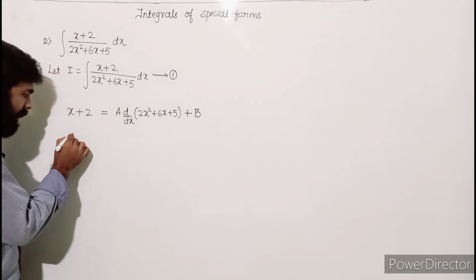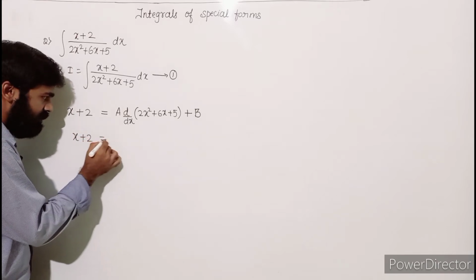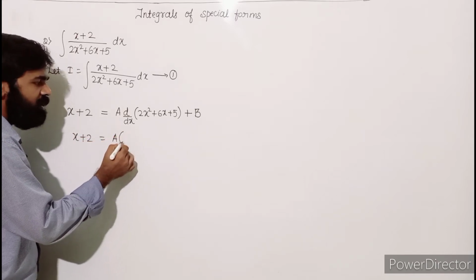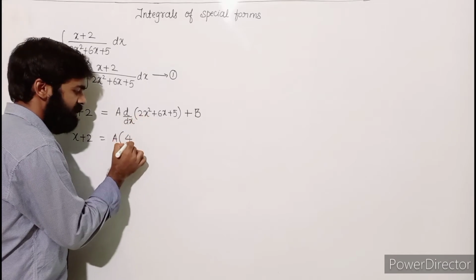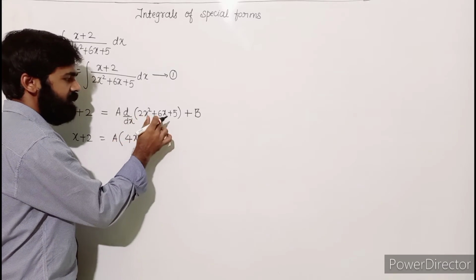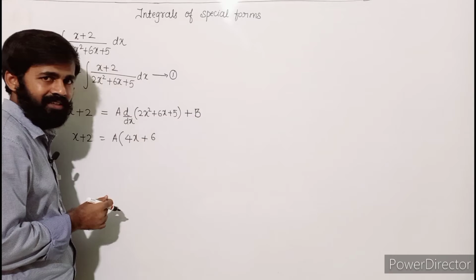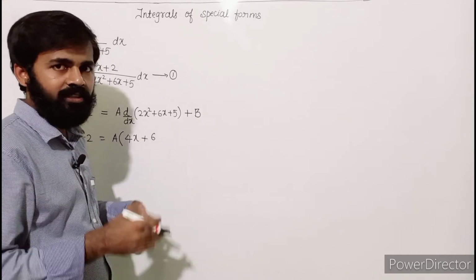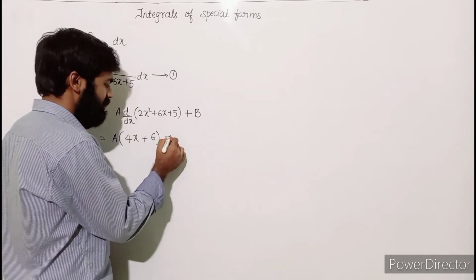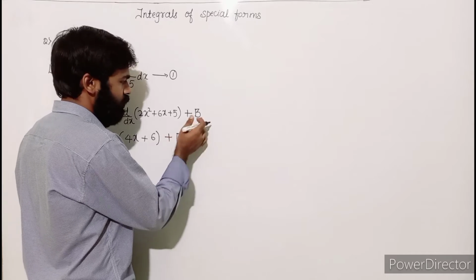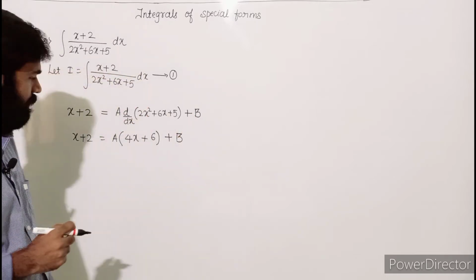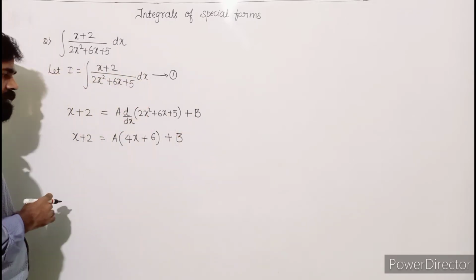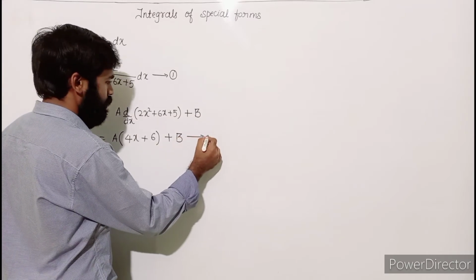Now see here, x plus 2 equals a into, differentiate this, 2x square differentiation 4x plus 6x differentiation 6, 5 is a constant, its differentiation 0, plus one more constant, we have B. Right. Now I'll call this equation 2.